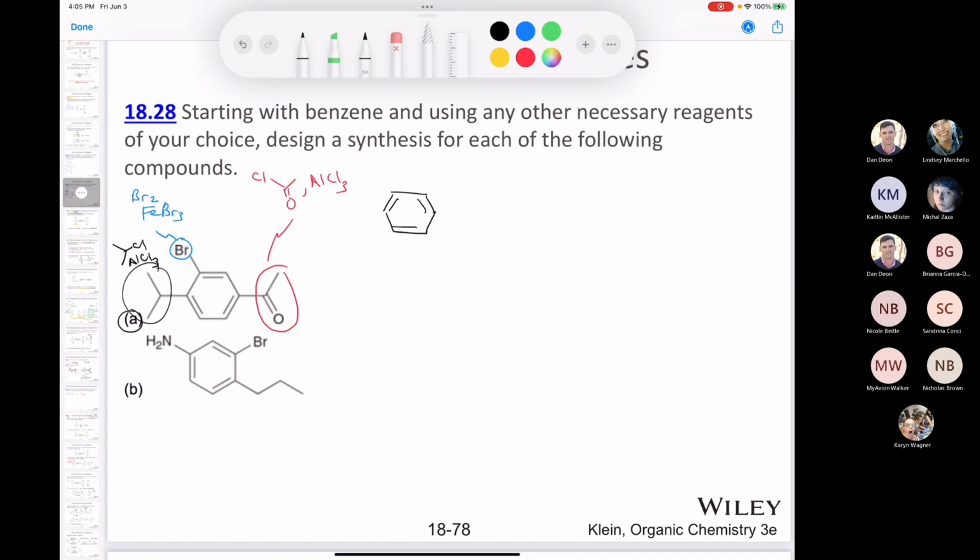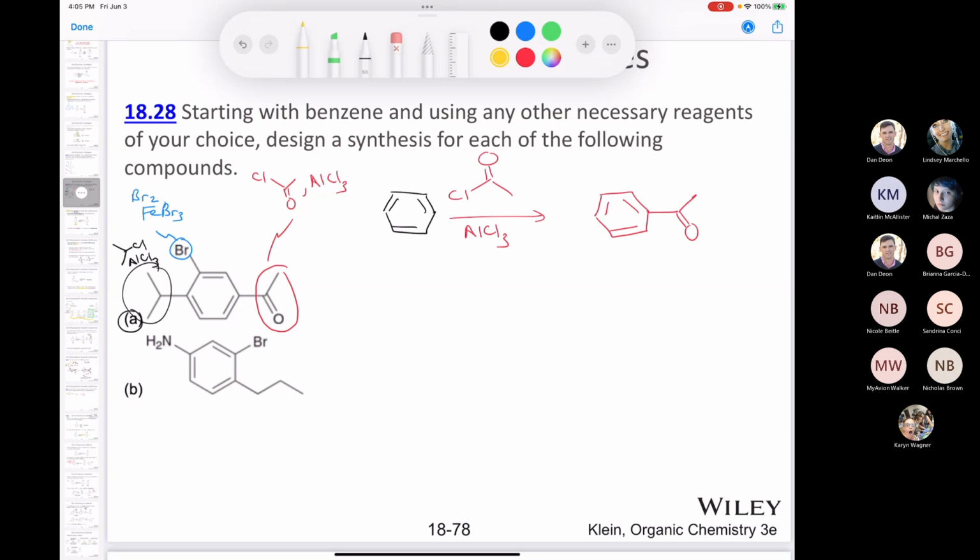Put in the ketone? Okay, so if we were to put in the carbonyl first, so let's say we used acetyl chloride. If we were to use that acid chloride, then aluminum chloride, we would end up with this compound. So carbonyl's in the right place.